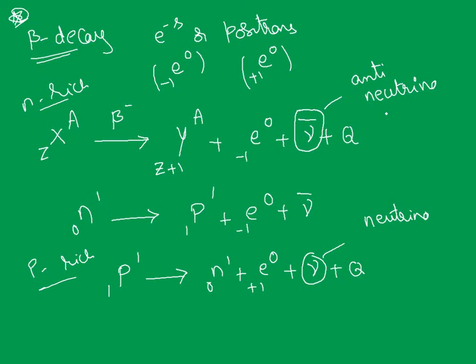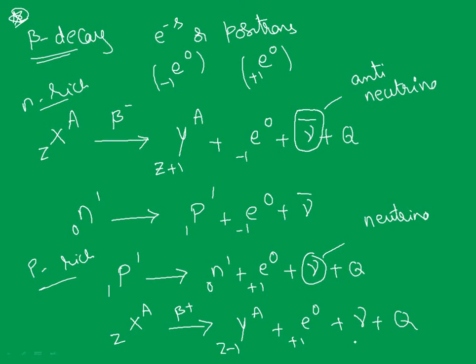And of course, if you want to speak in terms of the nucleus, if I have X with Z and A, and it undergoes beta positive decay, what happens here? Y is the daughter nucleus having Z minus 1 and A, along with e plus 1 0, a neutrino, and of course energy getting conserved, right?